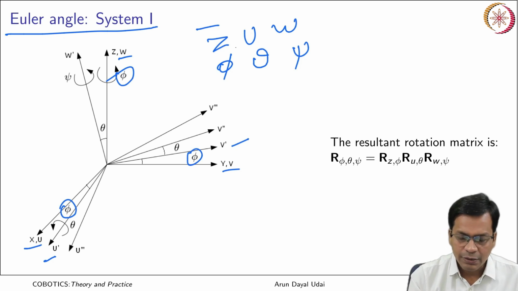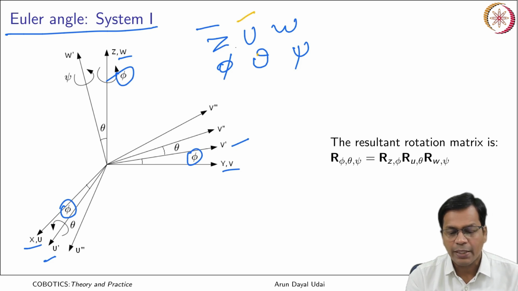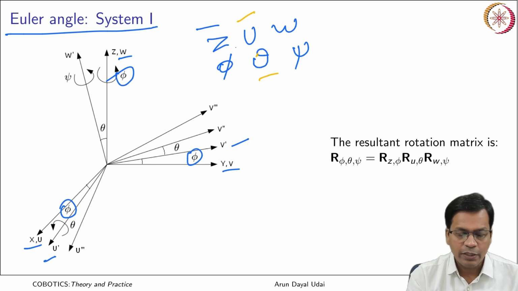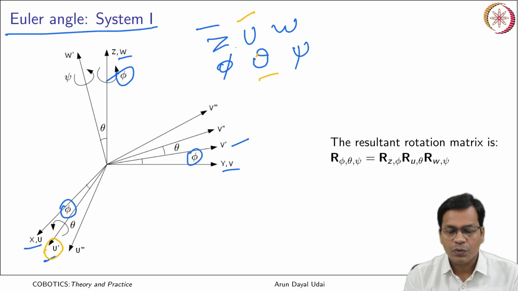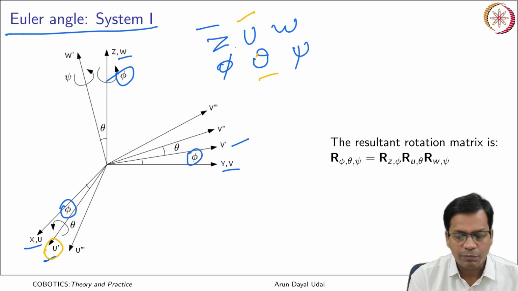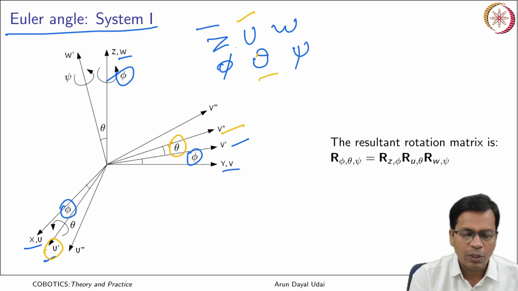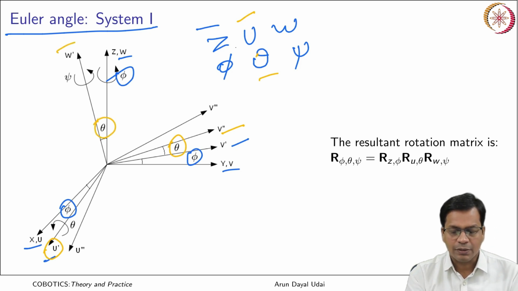In the second operation, I have to do rotation about U, that is the local frame, by an angle theta. So where is my U? U is here. So for rotation about U, U dash will remain wherever it is because the rotation is about this axis itself. So V goes to V double dash by an angle theta, and W comes to W dash by an angle theta. So the new locations are this.